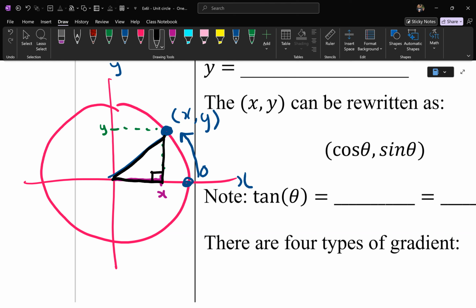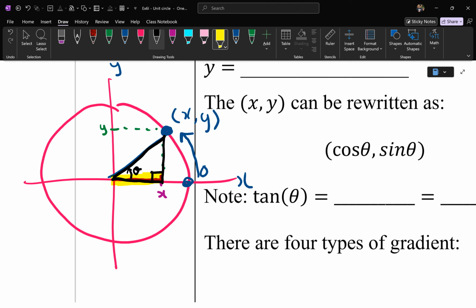So what's interesting is the angle that I make, which we call theta, created that distance in the circle that I just followed, takes me to this point. So whatever that angle is, that has got me to this point here where it has an x component and a y component. But you see the x component, what type of length is that of the triangle?